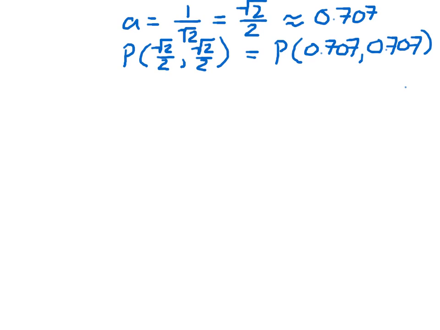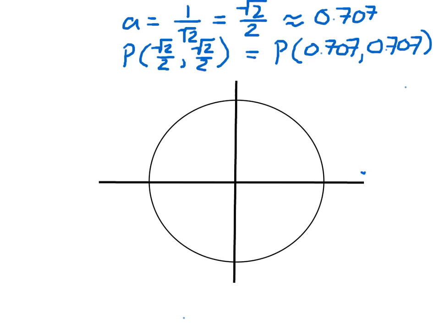Let's take a look at another blank unit circle. Let's fill in the multiples of 45 degrees. They are 45 degrees, 135, 225, and 315.